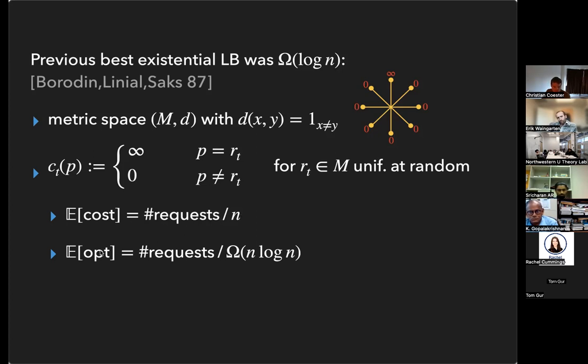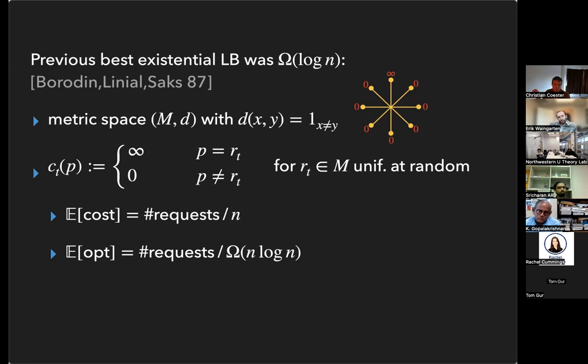And what about the optimal offline algorithm? Well, that algorithm can look into the future, so it can choose in a smart way to what point to move next. And the best way to do this is to move to the point whose next request is furthest in the future.